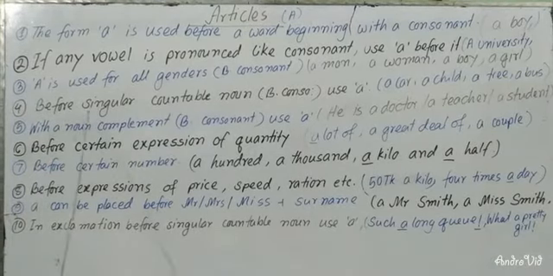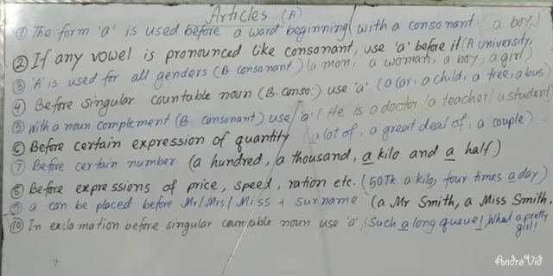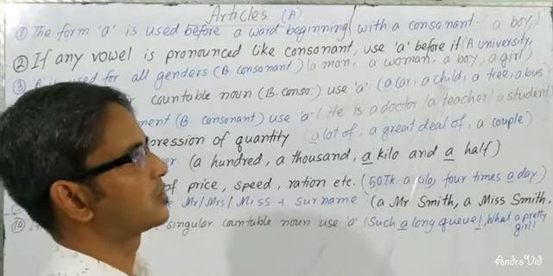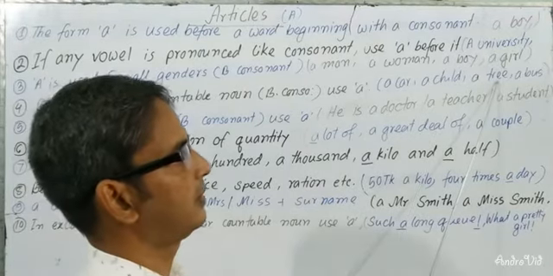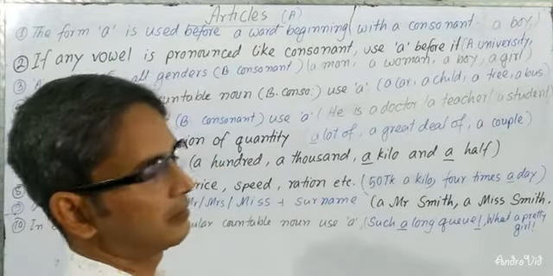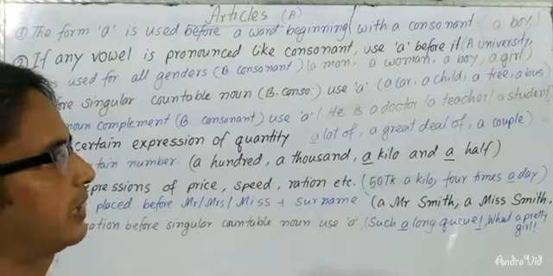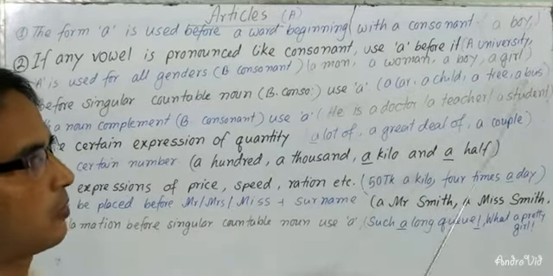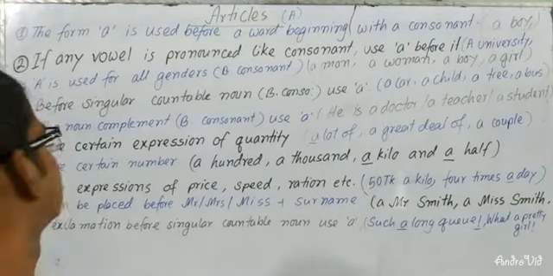Number 4, before a singular countable noun beginning with a consonant, we have to use a. Like a car, a child, a thief, a bus. These nouns start with a consonant, and because of this consonant, we have to use a.